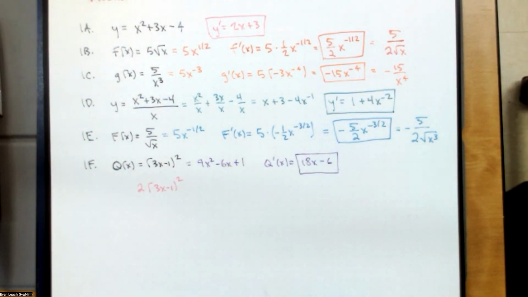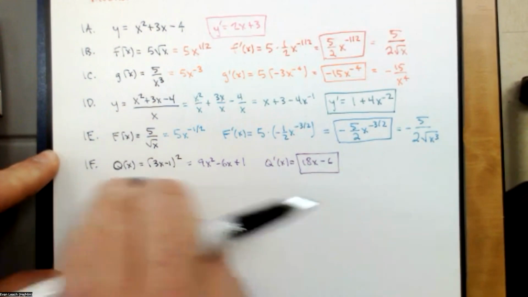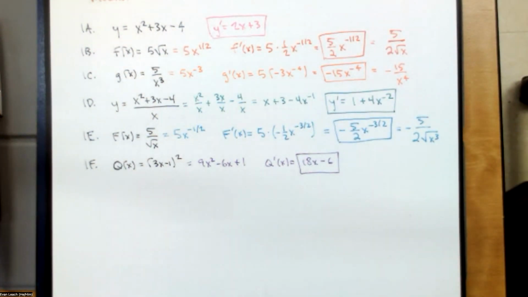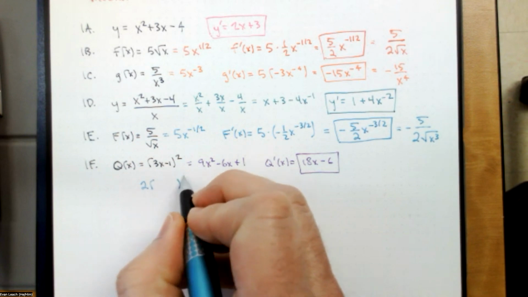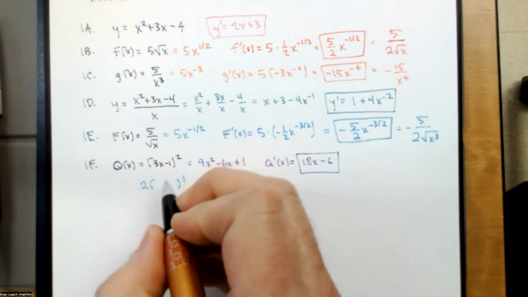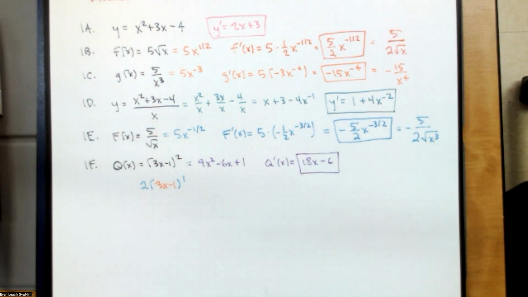Two minus 1 is equal to 2 only works in billionaire math. But we have to use the chain rule because the stuff inside is 3x minus 1. The derivative of 3x minus 1 is 3.